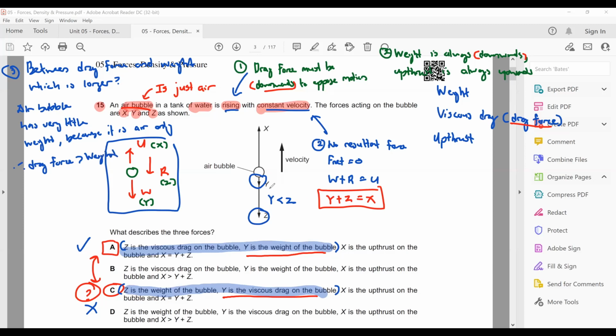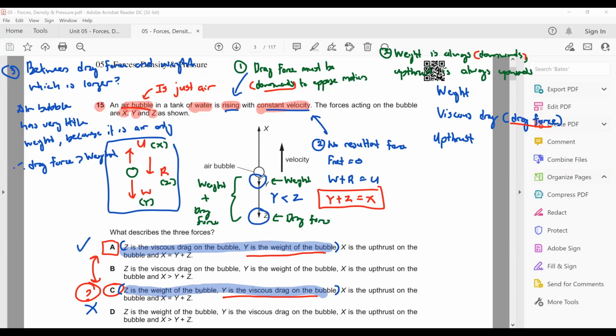Okay, so right now you see Y and Z. Y is less than Z. I know that these two forces are pointing downwards. I know that this is actually the weight plus the drag force. But how do I know specifically which one is the weight and which one is the drag force?